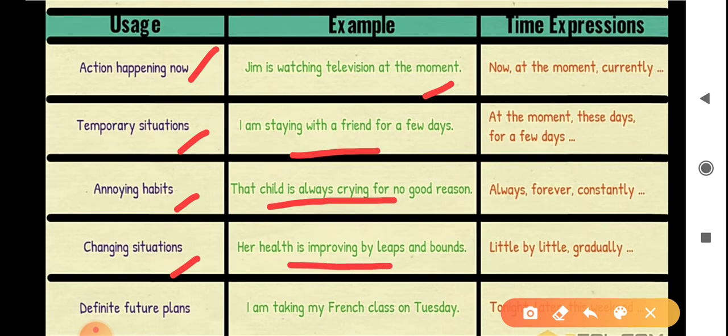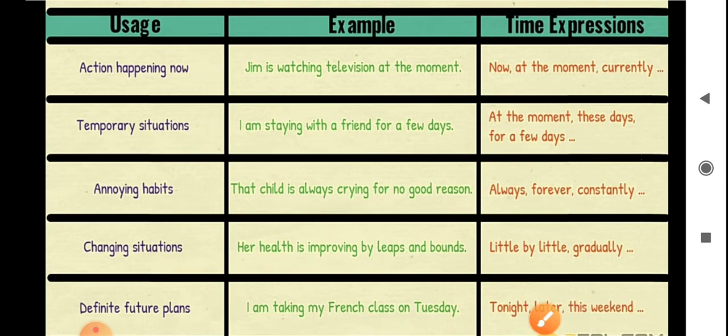Her health is improving by leaps and bounds. Definite future plans. If we are having definite future plans, we always use present continuous tense for expressing those plans. For example, I am taking my French class on Tuesday.